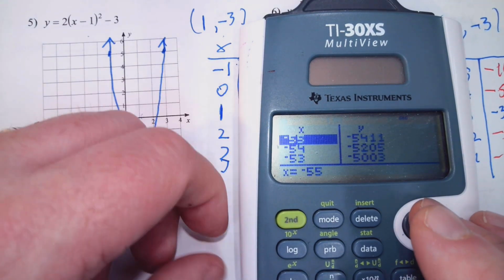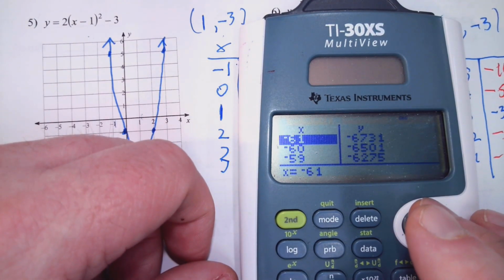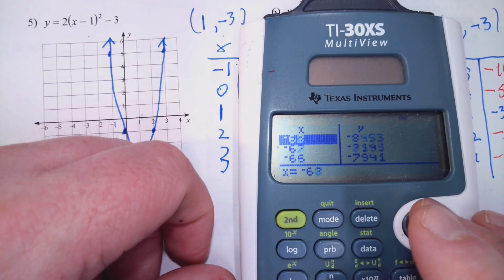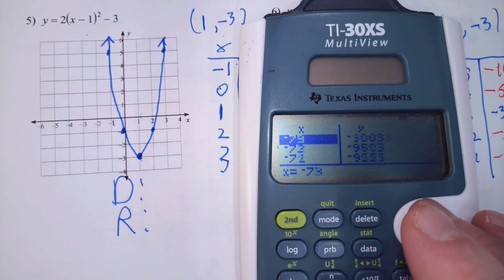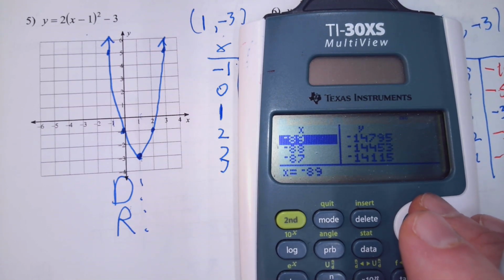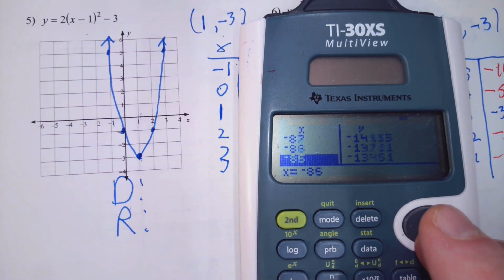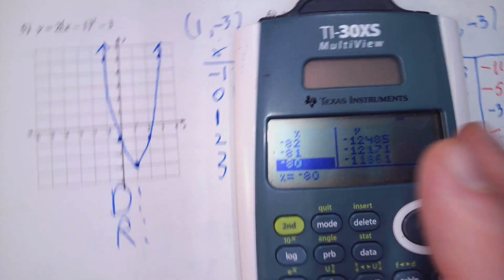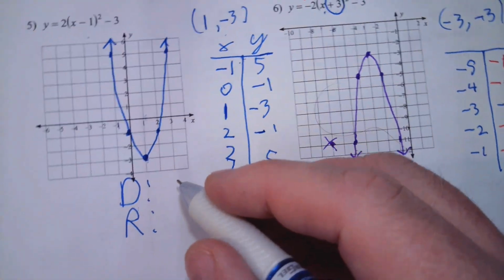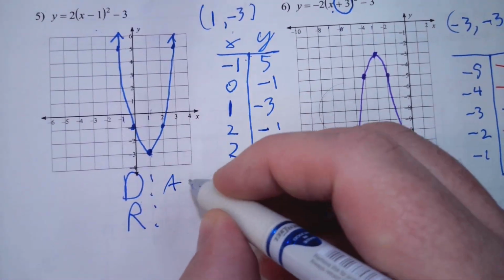Is there ever going to be an x that I'm not going to get a value for? Maybe eventually the calculator will get to its limit, but that doesn't mean that's the limit. Okay, so it looks to me like I can go forever in this direction. And I bet you I can go forever in the next direction. And so, again, both of these are going to be all real numbers.